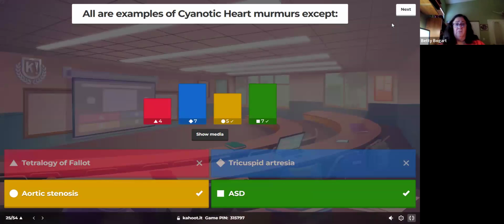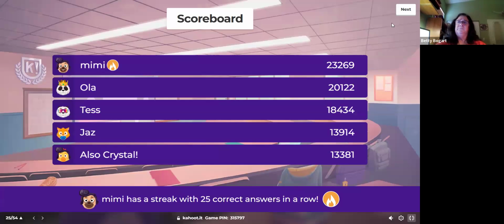So tetralogy of Fallot, I just told you, there are times where they don't get oxygen. Remember atresia, A without, there's no opening, so blood isn't getting into the lungs. So it is cyanotic. Excellent. Aortic stenosis, left side, they're already oxygenated, and an ASD has blood flowing from oxygenated into non-oxygenated, so you've got oxygen everywhere. Very good.